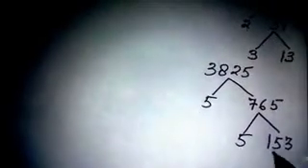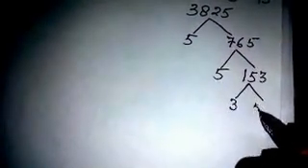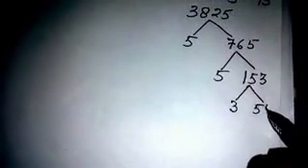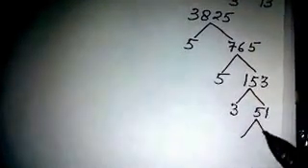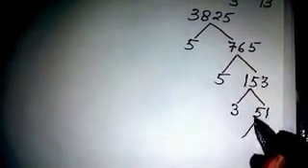We got 153. Now 153, sum of the digits 5 and 1 is 6, 6 plus 3 is 9. It's divisible by 3. 153 is divisible by 3. 3 5s are 15, 3 1s are 3. Now 51, again it's divisible by 3. 5 plus 1 is 6, which is divisible by 3, so 51 is also divisible by 3.